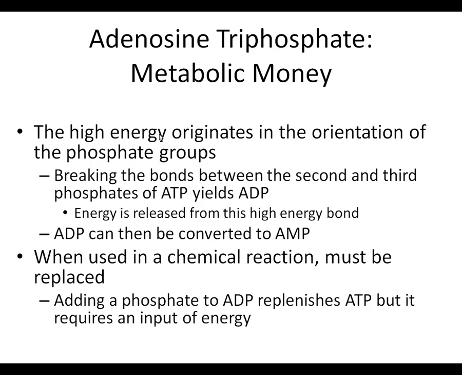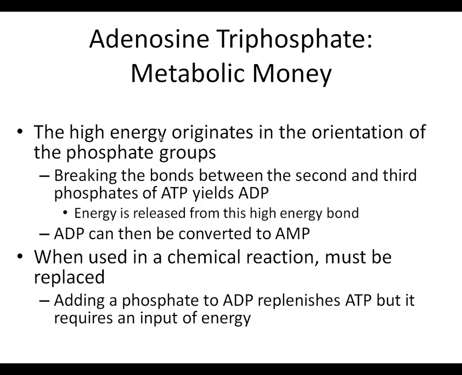The high energy in ATP originates from the orientation of those phosphates. If I break the bond between the third and the second phosphate, then ATP is converted to ADP. Energy is released from that high energy bond and is available to do whatever needs to be done. I can also break the bond between the first and the second, and I convert ADP to AMP.